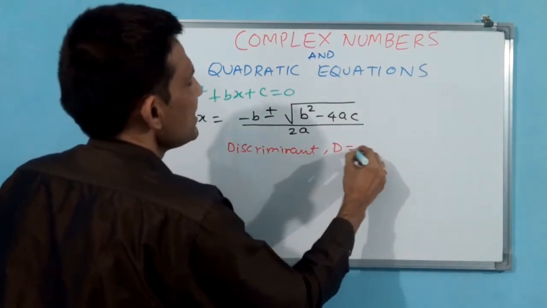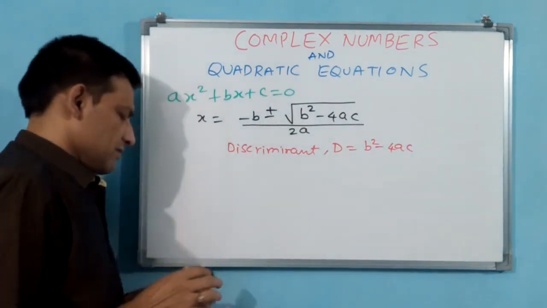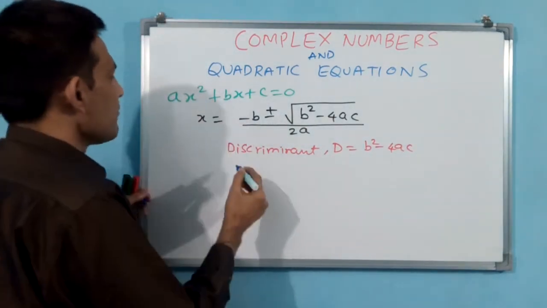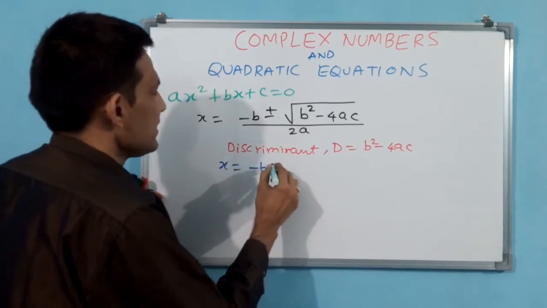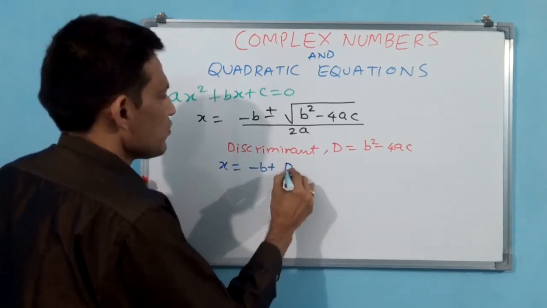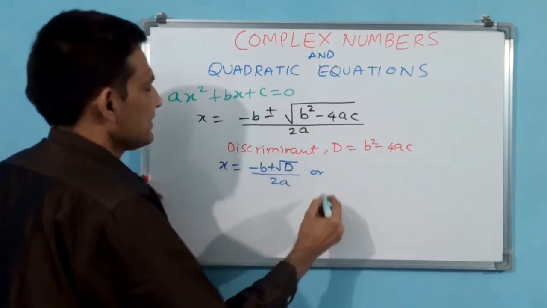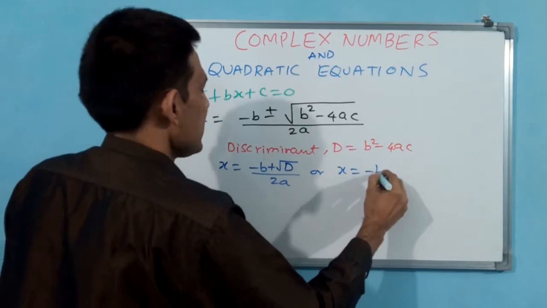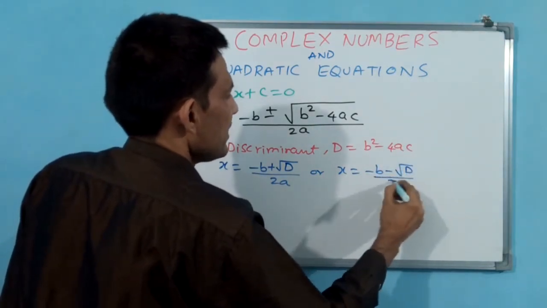Discriminant D is equal to b square minus 4ac. Simply, shall I write the above equation like this: x is equal to minus b plus root D by 2a, or x is equal to minus b minus root D by 2a.